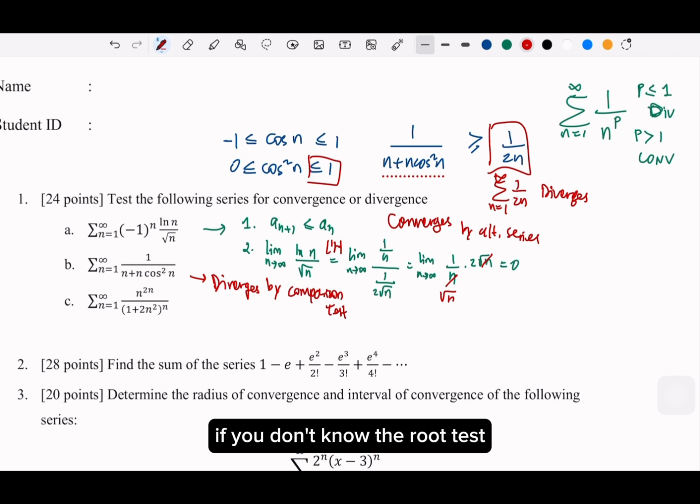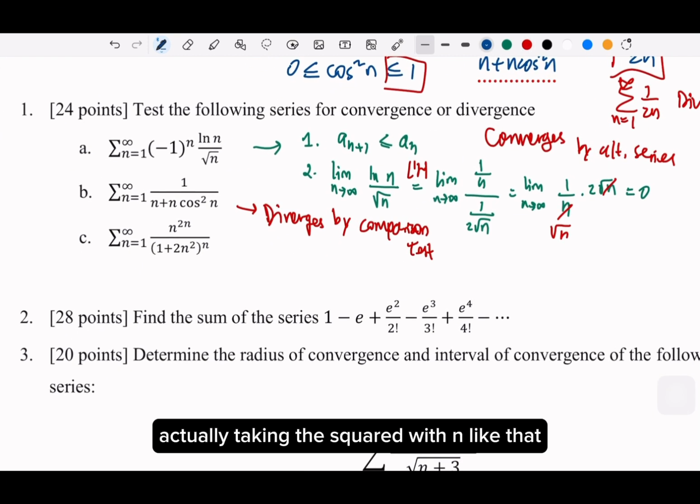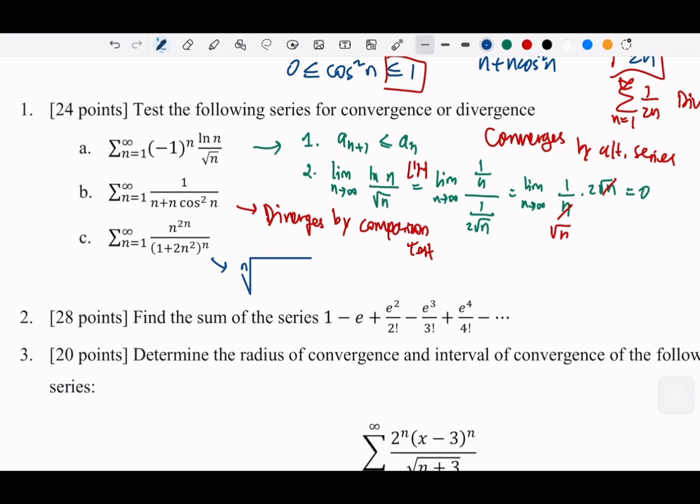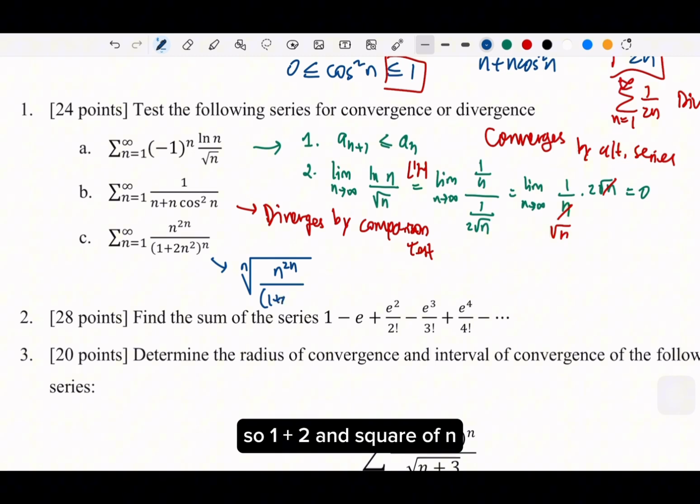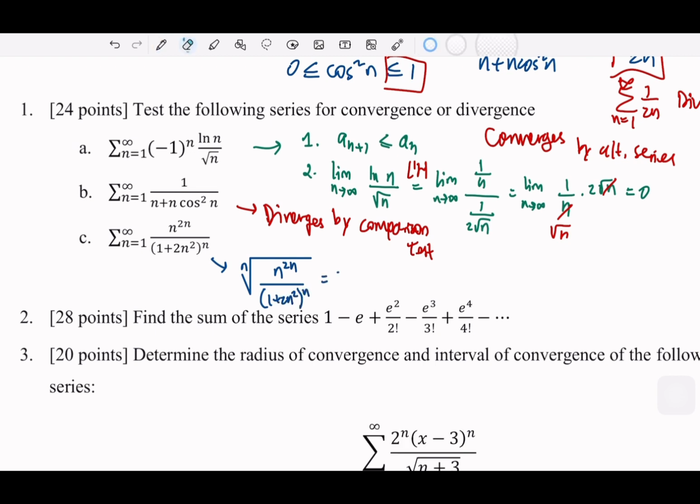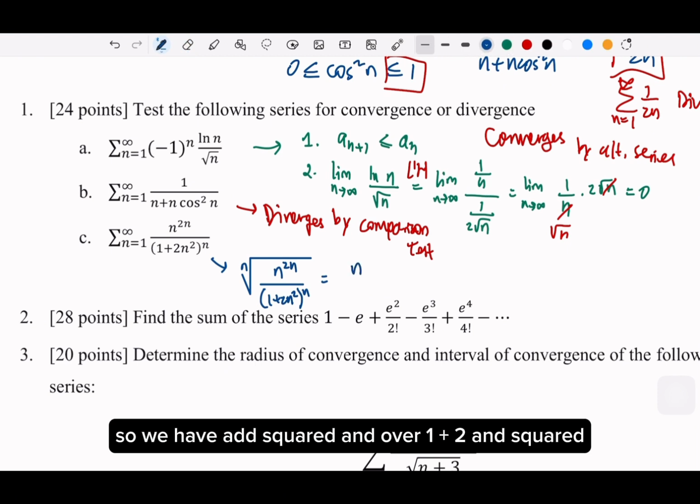If you don't know the root test, it is actually taking the n-th root. So this will be n to n. So 1 plus 2n squared to the power of n. So we have n squared over 1 plus 2n squared.